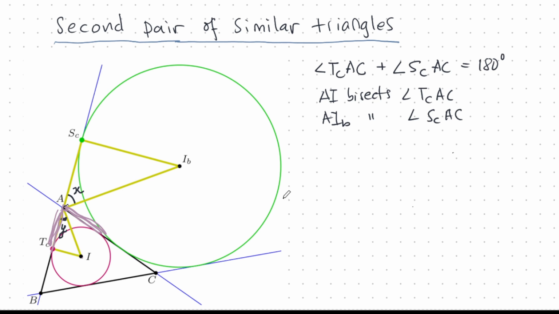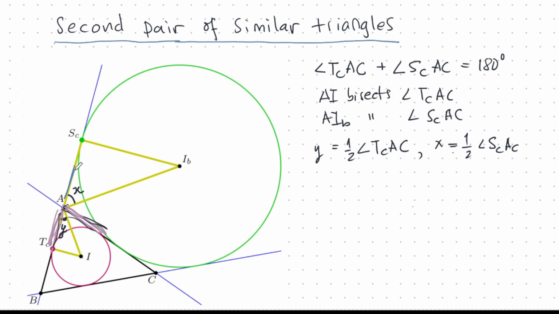Because we did that in video 1 of incircle and excircle. We showed that tangent symmetry gives this property that the line going from the point to the center bisects the angle between the two tangents. Okay, so this is known. So we can now write these relationships like this. X is 1/2 this big angle here, TCAC. Y is 1/2 of that angle, and X is 1/2 of this angle here.